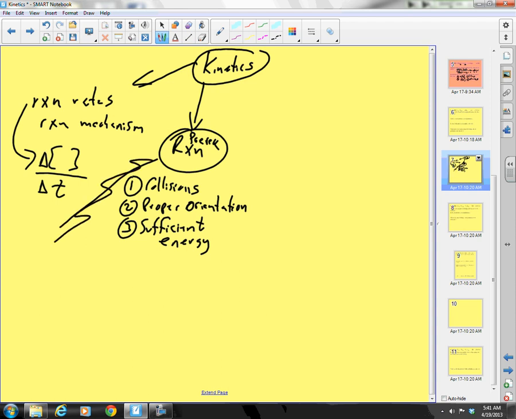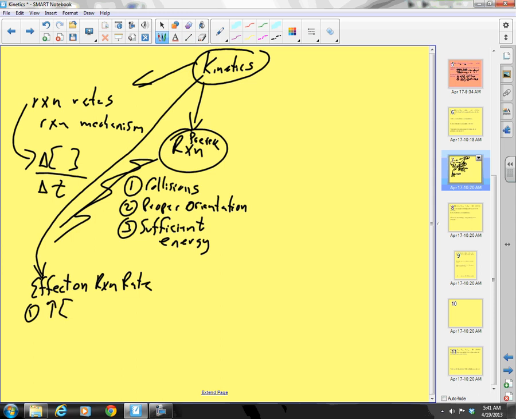And then I said, what else do we have here? We can talk about factors which have an effect on reaction rate, right? And we said one can be increasing concentration. If I increase the concentration of the reactants, then I'm going to have more reactants available, meaning more collisions and an increase in reaction rate.